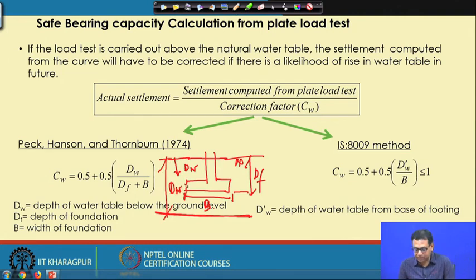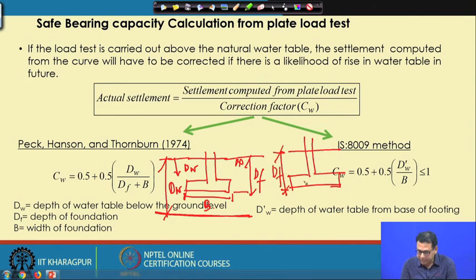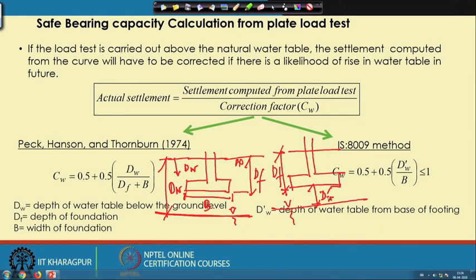But as per the IS method, if this is the depth of the foundation Df, then your dw dash is measured from the base of the foundation. Suppose this is the position of the water table. Here dw dash means it is measured from the base of the foundation, and dw means it is measured from the ground surface.